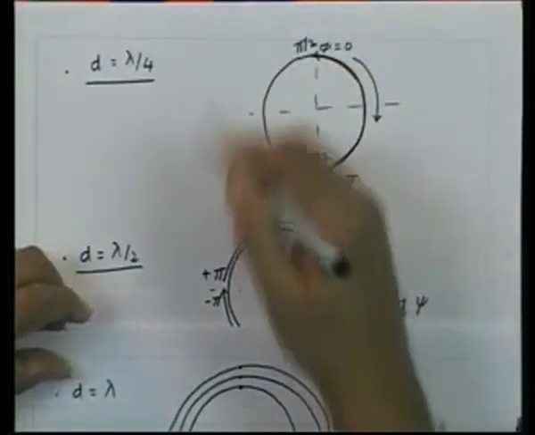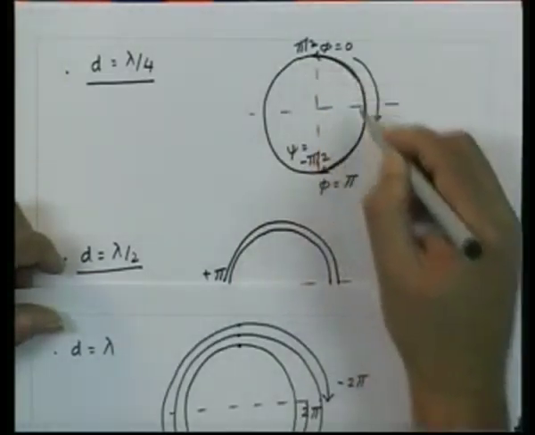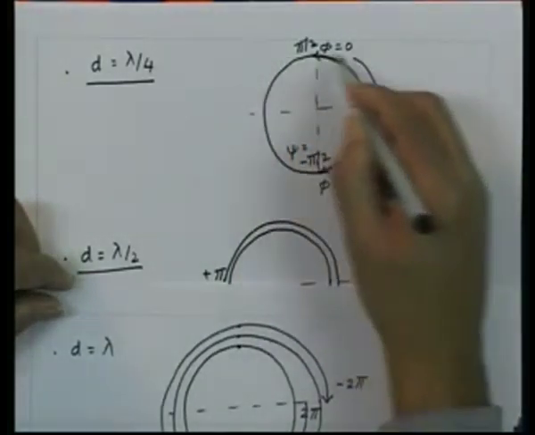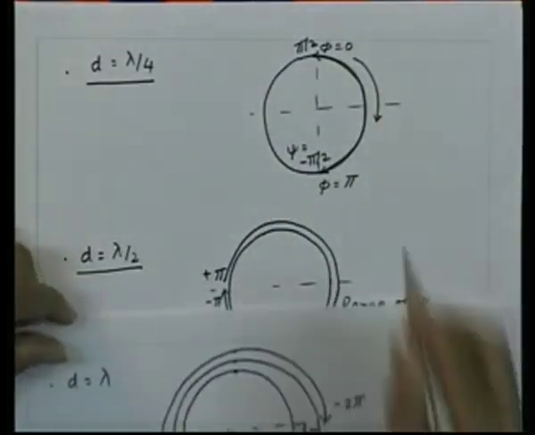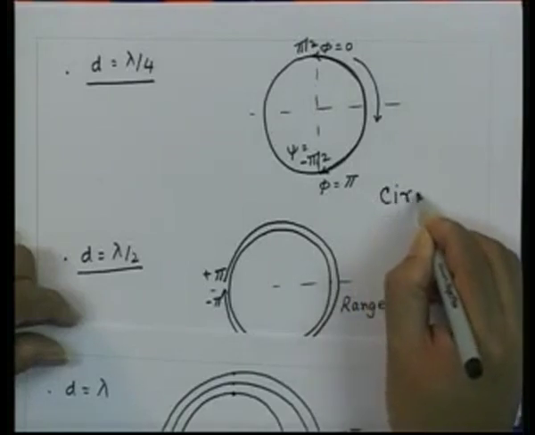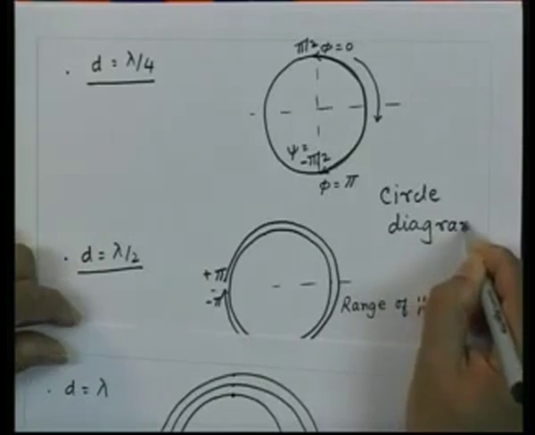This diagram essentially is called the circle diagram of the array, and we can essentially mark the roots of the polynomial, that means directions of the nulls, on this diagram. So this thing we call the circle diagram of the array.